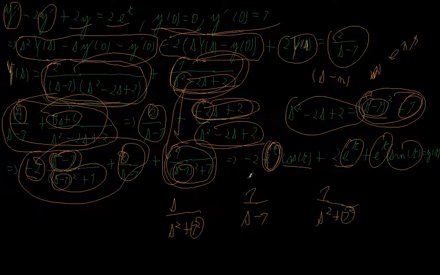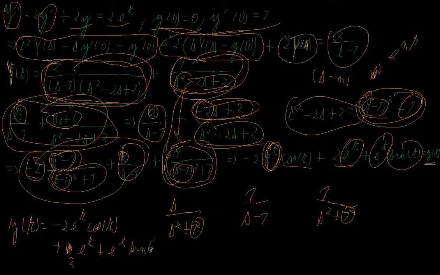And so our resulting function y of t is equal to minus 2e to the t cosine of t plus 2e to the t, this is a 2 here, plus e to the t times sine of t. And that is our final result.